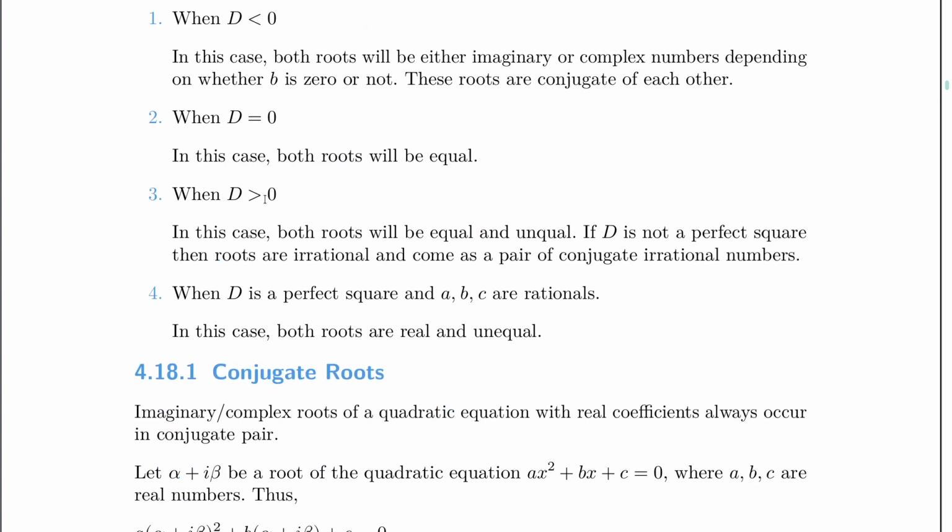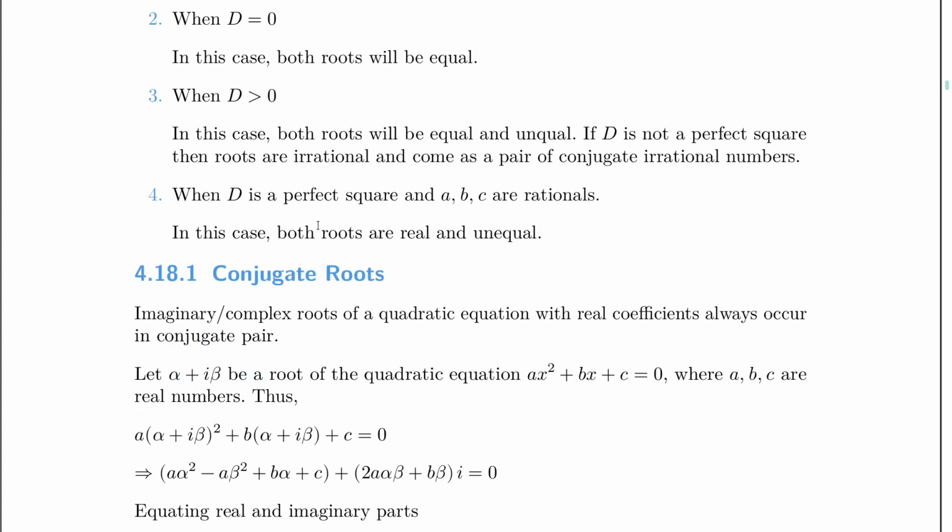And if D is greater than 0, both roots will be real and unequal. However, if D is not a perfect square, then the roots will be irrational, and they will also appear as a conjugate pair of irrational roots, just like complex numbers. Remember, complex roots and irrational roots always occur in conjugate pairs.